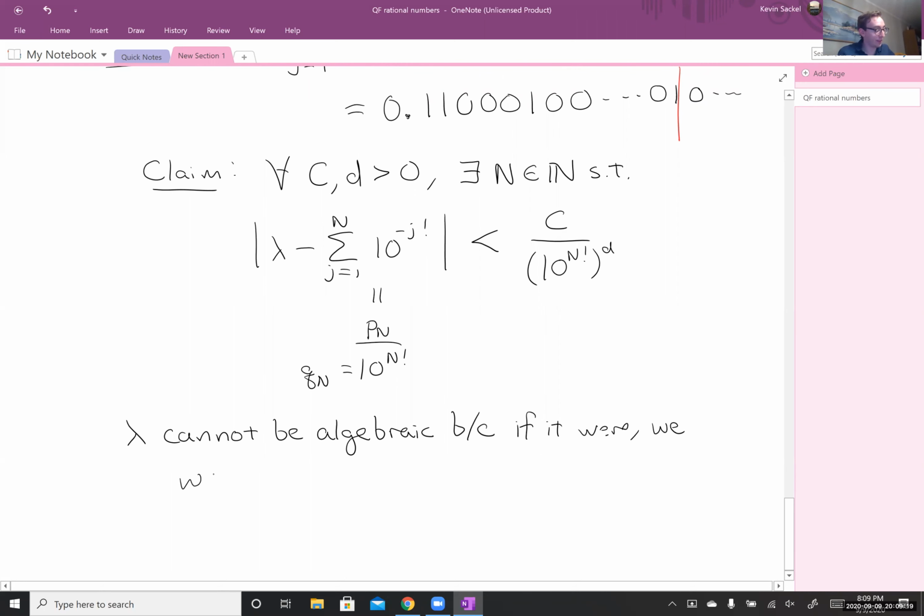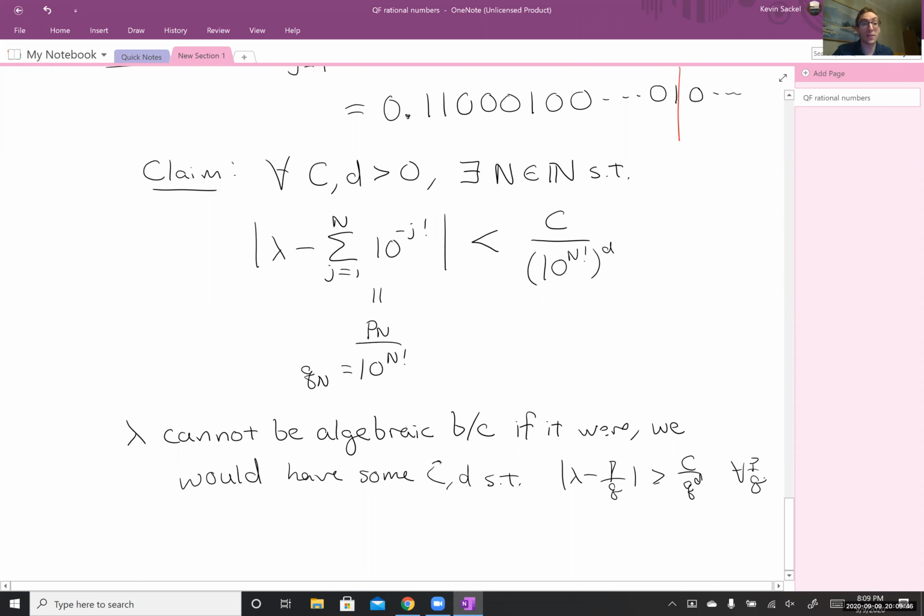We would have some C and D such that lambda minus p over q is greater than c over q to the d for all p over q.